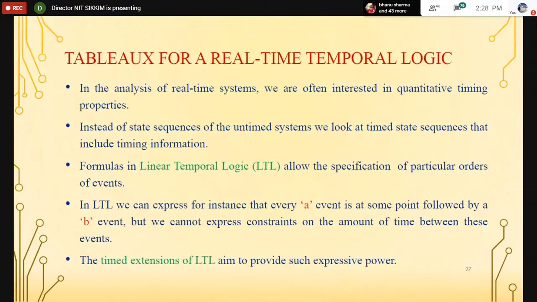Instead of a state sequence of untimed systems, we look at the timed state sequence, right? So the formulas in your LTL or untimed automaton now have to be converted to timed automata. So, we have said an A event followed by a B event, but we cannot express constraints about the timing. This we have already discussed.